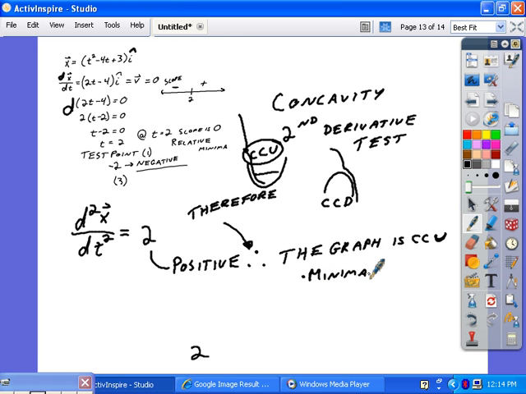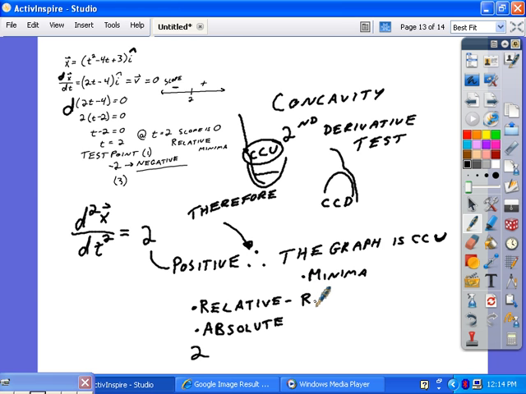Okay? Now, the only other thing that we need to talk about here is the difference between relative and absolute. A relative minima or maxima means that it is not going to get bigger or smaller in the very close range around it.